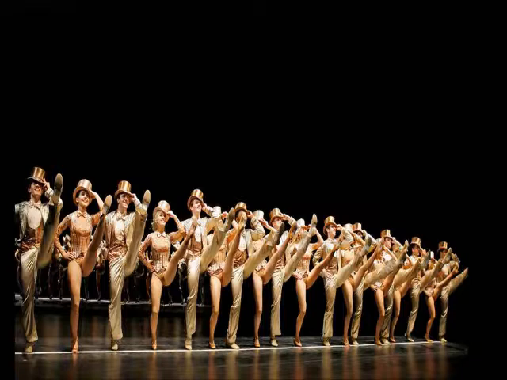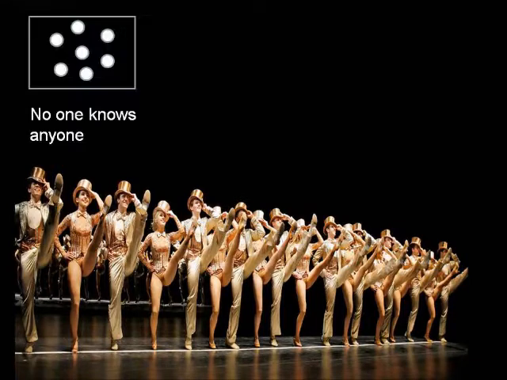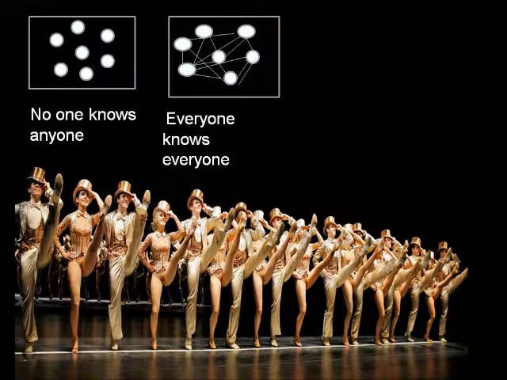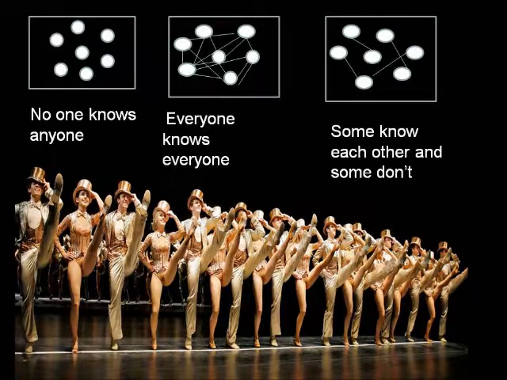Studies have been conducted investigating the relationship between success and social networks. The results show that Broadway shows with social networks where no one knows each other tend to fail. Broadway shows with social networks where everyone knows one another also tend to fail. In social networks where some people knew each other and some didn't, Broadway shows tended to be successful.